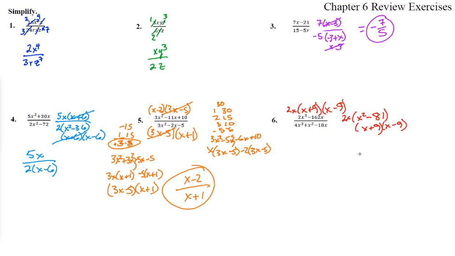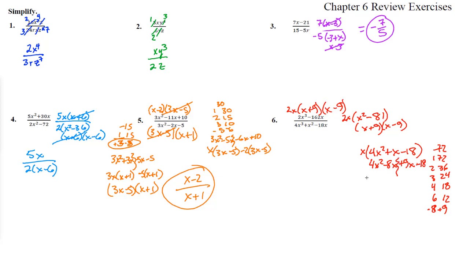And on the bottom, we could take an x out, and we're left with 4x squared plus x minus 18. 4 times 18, AC method, is -72. That's 1 and 72, 2 and 36, 3 and 24, 4 and 18, 6 and 12, 8 and 9. Positive 9 minus 8. 4x squared minus 8x plus 9x minus 18.